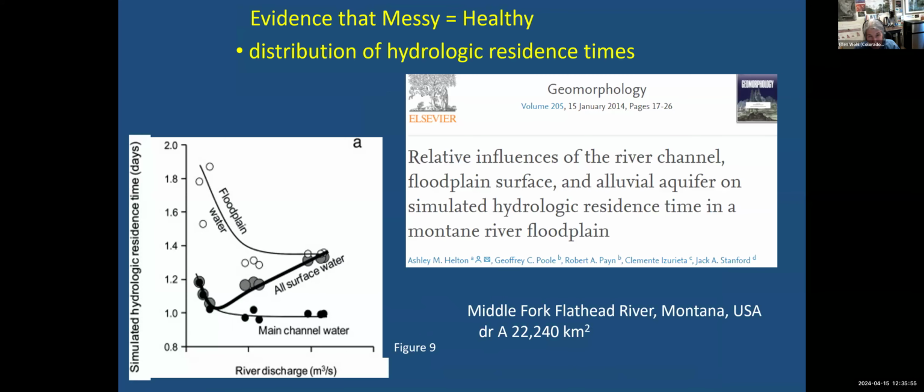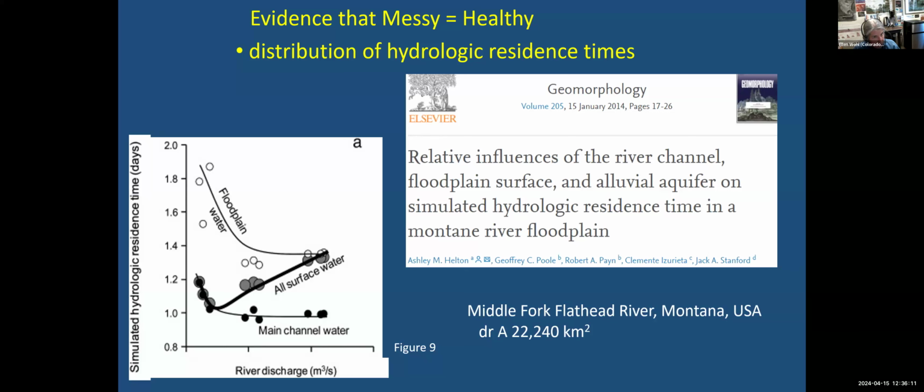Third line of evidence, this one hopefully is common sense. If you have a variety of different flow paths in the surface and subsurface, you've got a broader distribution of hydrologic residence times. This is from work on a gravel bed river in northwestern Montana.